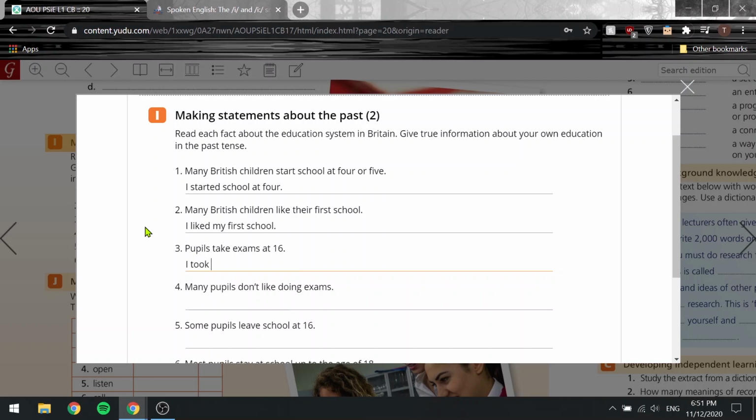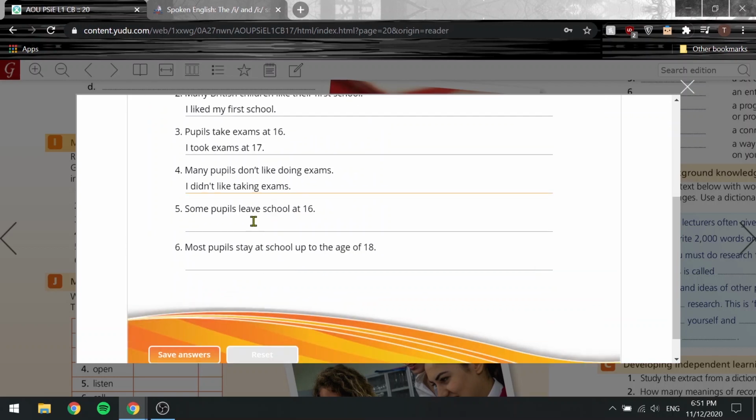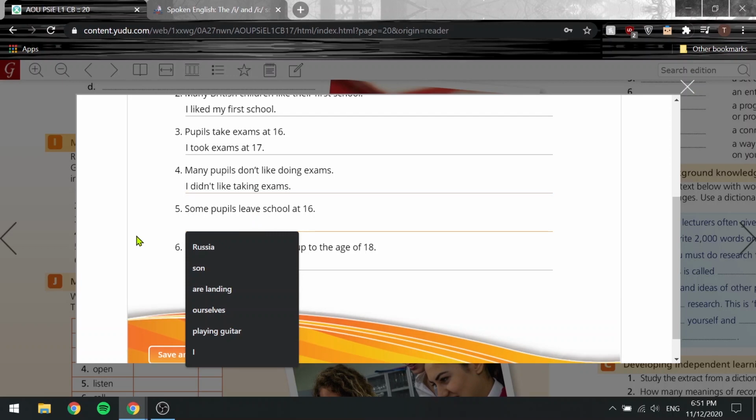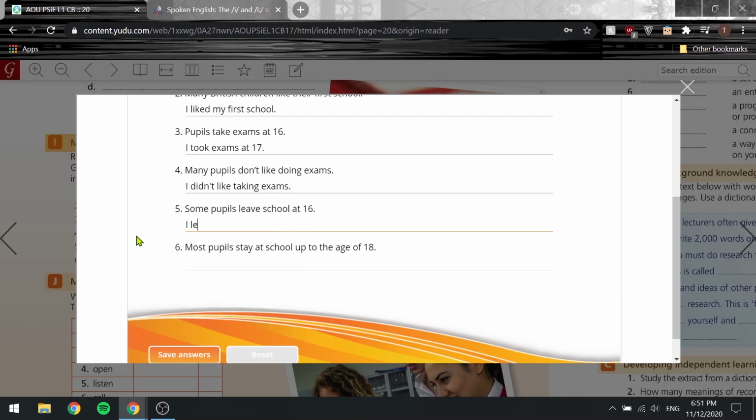I took exams at 17. Many pupils don't like doing exams. I mean, that's true. I didn't like taking exams. Some pupils leave school at 16. I'll say I left school at 18, at the age of 18.